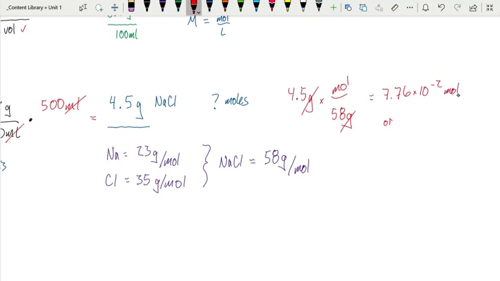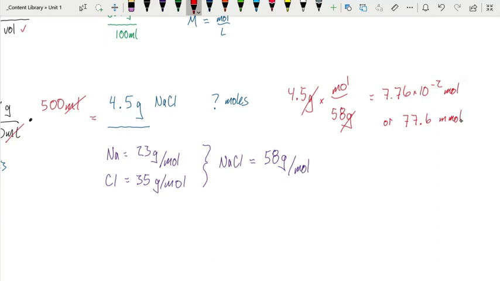We can express that in millimoles, which is 1,000, so that's going to be 77.6 millimoles of salt.